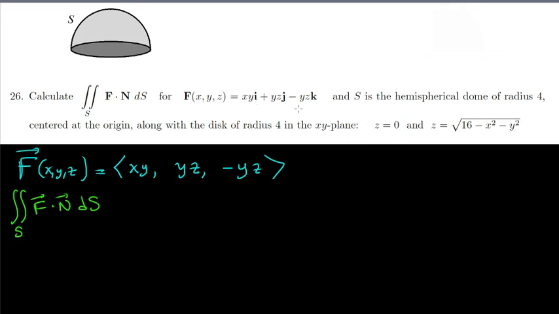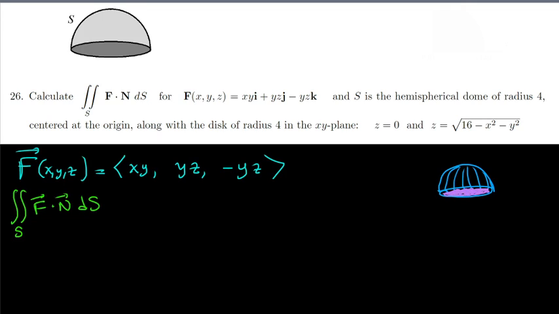Okay, so what they're telling us is that this is the dome part here, which would be an open surface, but they're including the floor here. So what that means is this is a closed surface.